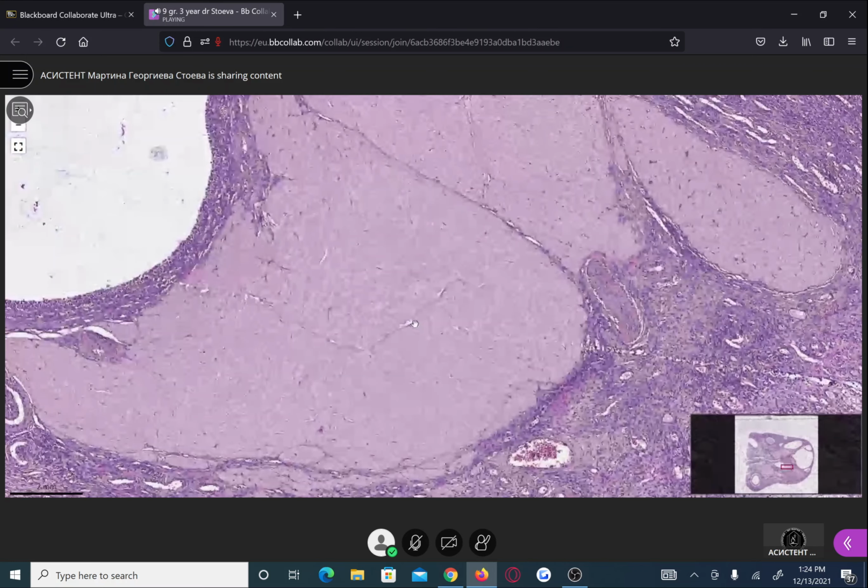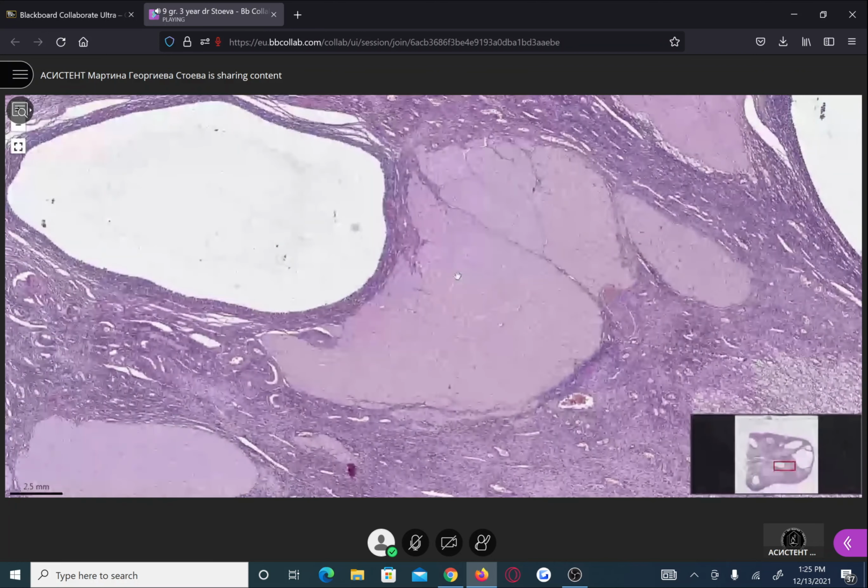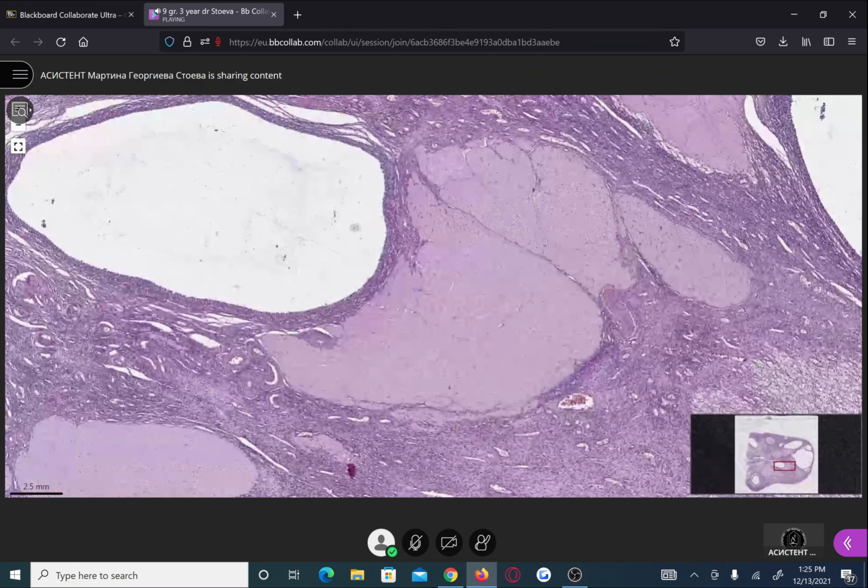In this case, when you make the diagnosis corpora albicans in an ovary, and if you mention that this connective tissue that composes these corpora albicans is hyalinized, you'll be asked about the types of hyalin. There are 3 different types of hyalin: simple, complex, and lipohyalin.